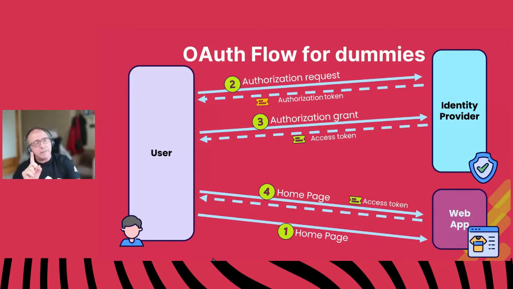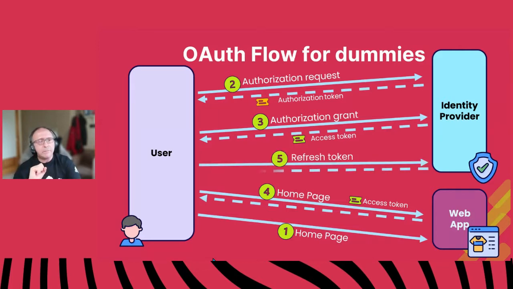There is another thing you need to do. Frequently, you need to refresh the token, because the token, as all the token, has an expiration time. When the expiration time is reached, the token is not valid. So the next request to the home page or to the resource that is authenticated is like the first one.